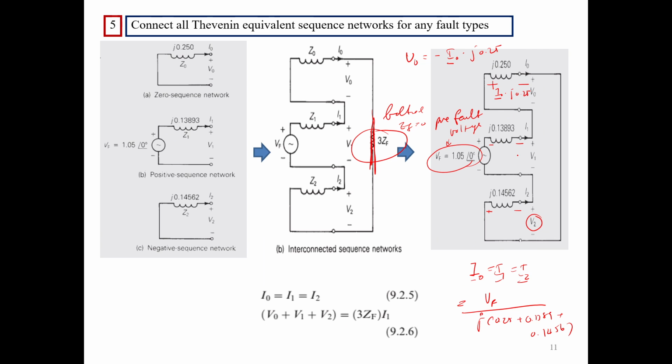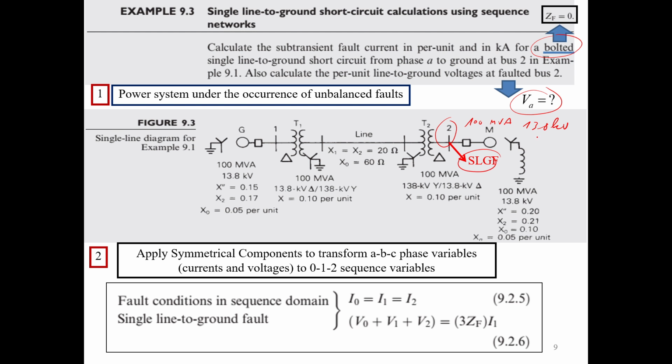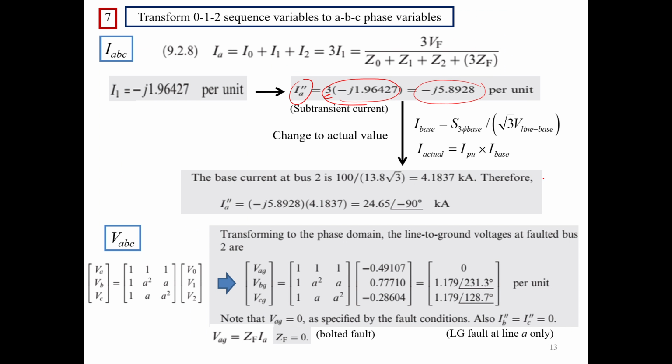So your I base is 100 MVA divided by root 3 times 13.8 kV, which is 4.1837 kiloamps.